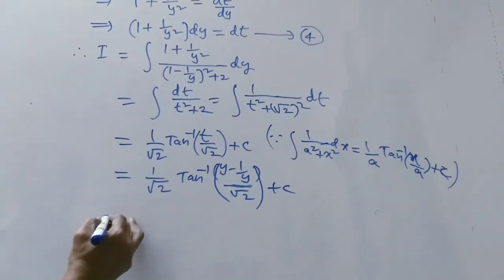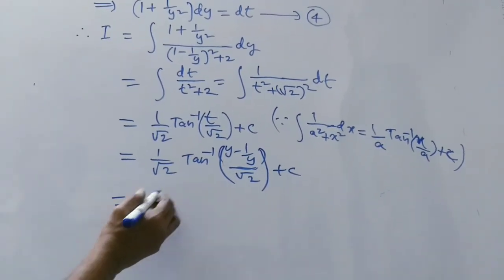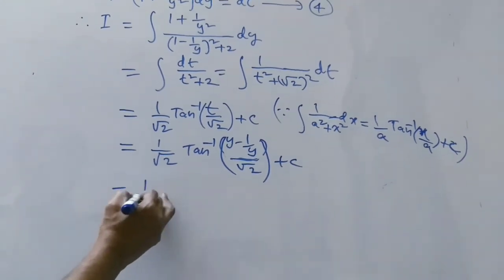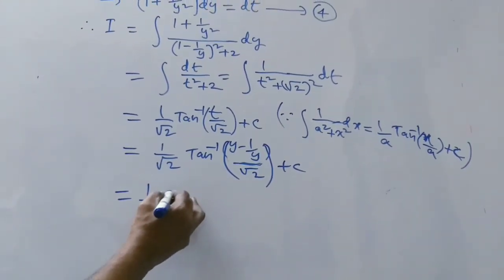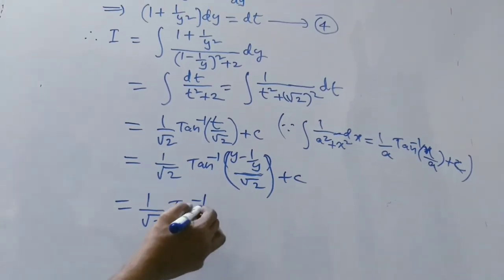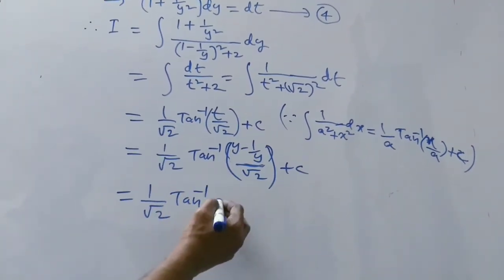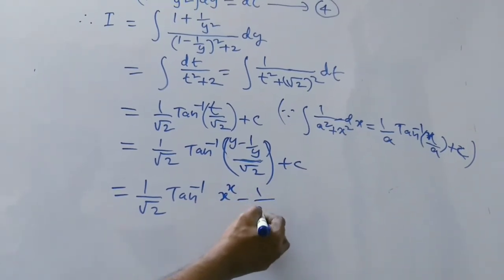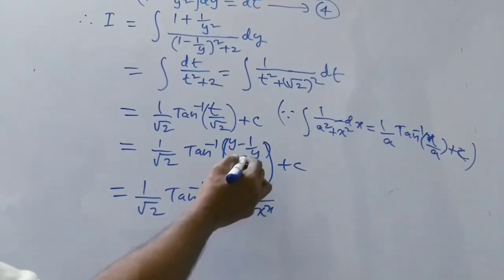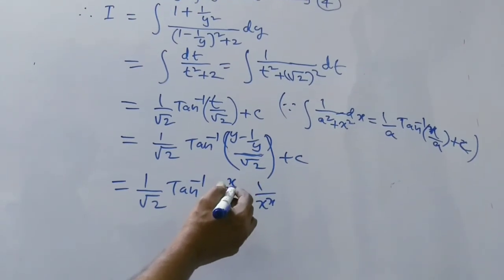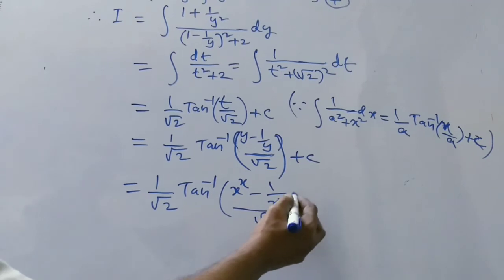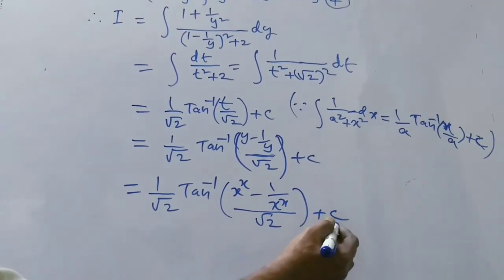Since y is equal to x to the power of x, this is 1 by root 2 tan inverse of x to the power of x minus 1 by x to the power of x, whole divided by root 2, plus c.